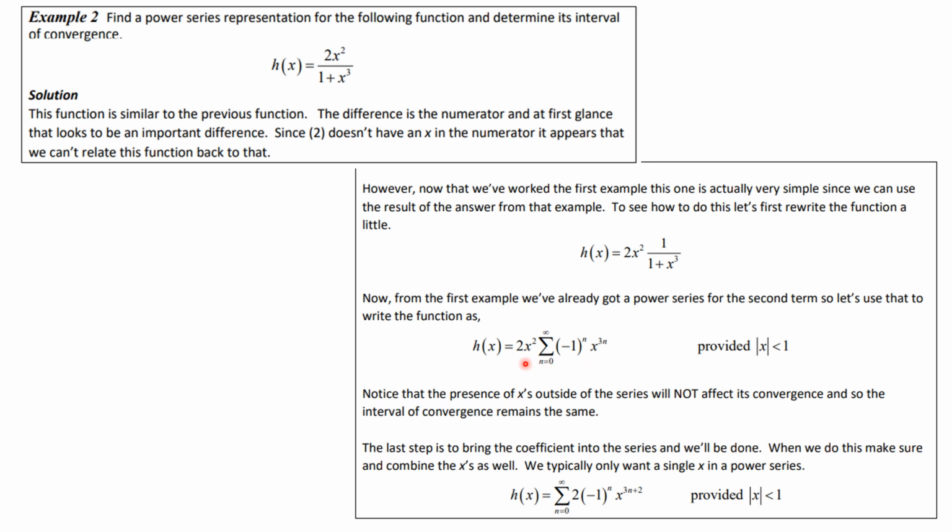But we now can distribute this 2x squared across this sum, just as we did the distributive property for finite sums. So when we multiply all the way through by 2x squared, the exponent becomes x to the 3n plus 2. The 2 goes in, and you still have the (-1)^n. So h of x is equal to this, provided, and again, the absolute value of x is less than 1.